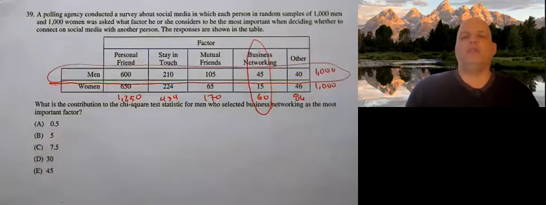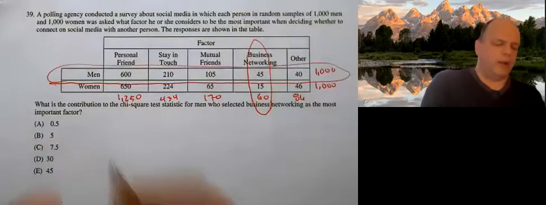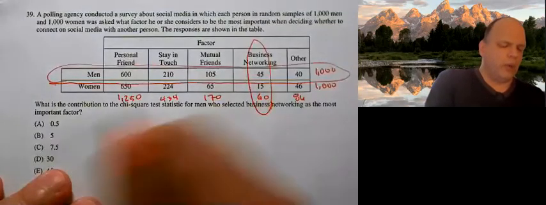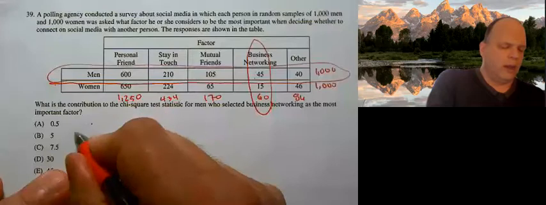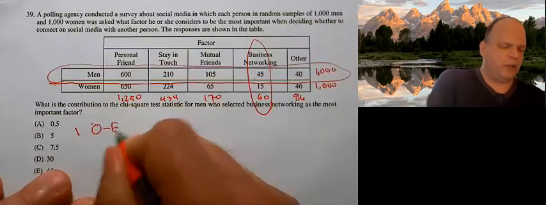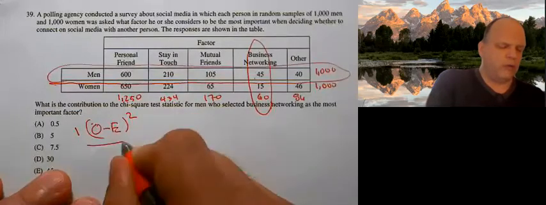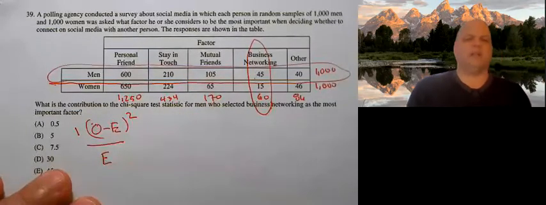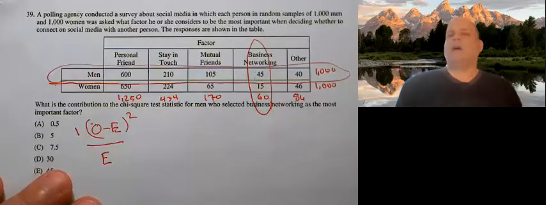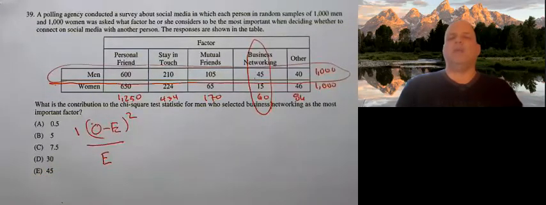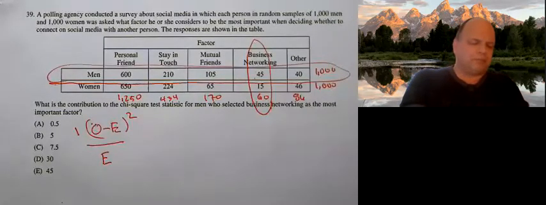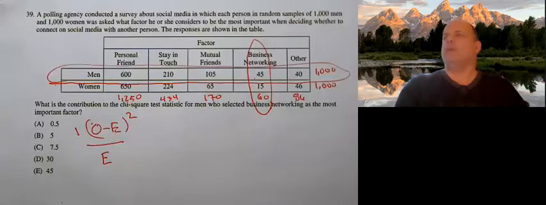So first off, for chi-squared, we're looking for the contribution, which means observed minus expected, squared, over expected. That means I need to calculate my expected. The expected value... hold on for just a moment.